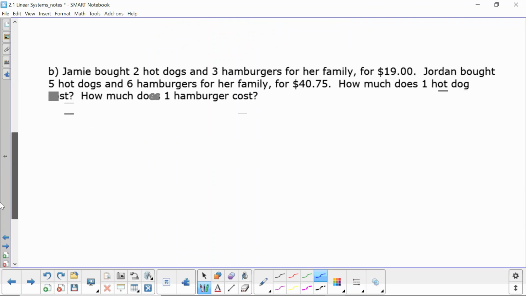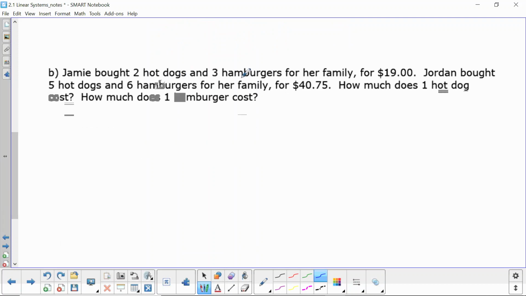Jamie bought 2 hot dogs and 3 hamburgers for her family for $19. Jordan bought 5 hot dogs and 6 hamburgers for her family for $40.75.